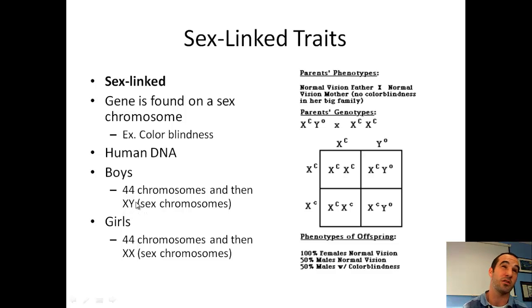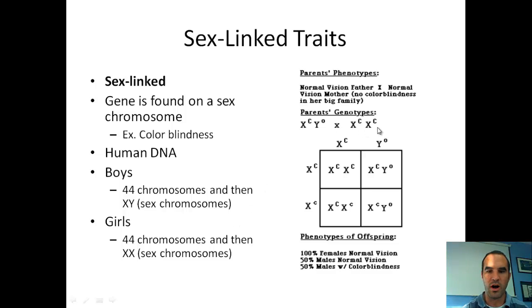So if you looked way back at the very first page of the packet, I believe that's where we talked about having 46 chromosomes in human cells. Females, you have 44 chromosomes and then 2 X chromosomes. The X chromosome is actually bigger than the Y chromosome. The Y chromosome is a little tiny thing that does not have very much information at all. So girls, you have more genetic information. You're more complex creatures than the boys are.